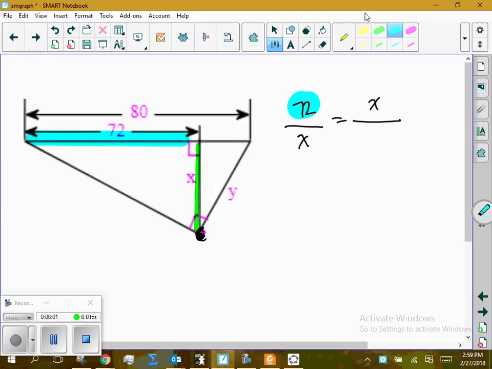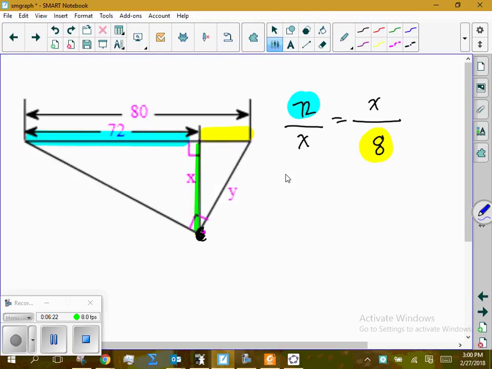So if I put 72 there, what's going to have to go here? 8. Okay? We talked about the other day when you're looking at this green segment, we're trying to look at the total number of parts that form that T, don't they? So that tells us to use the 72 and the 8.